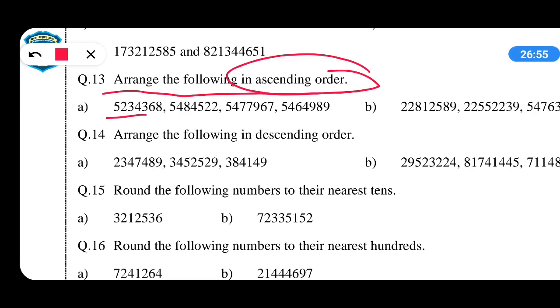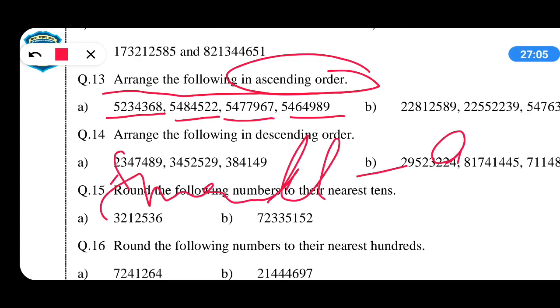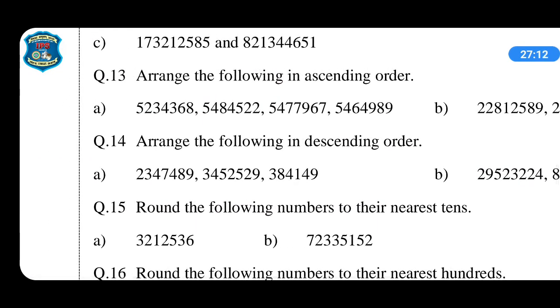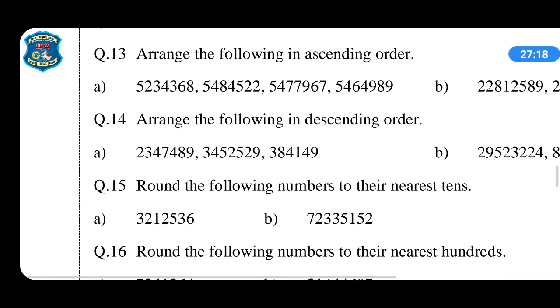So first you have to find the smallest number, then the next, then the bigger, and from smaller you have to move to the greater number, right? So this is ascending order. So first write all the numbers, then arrange them in ascending order, right?